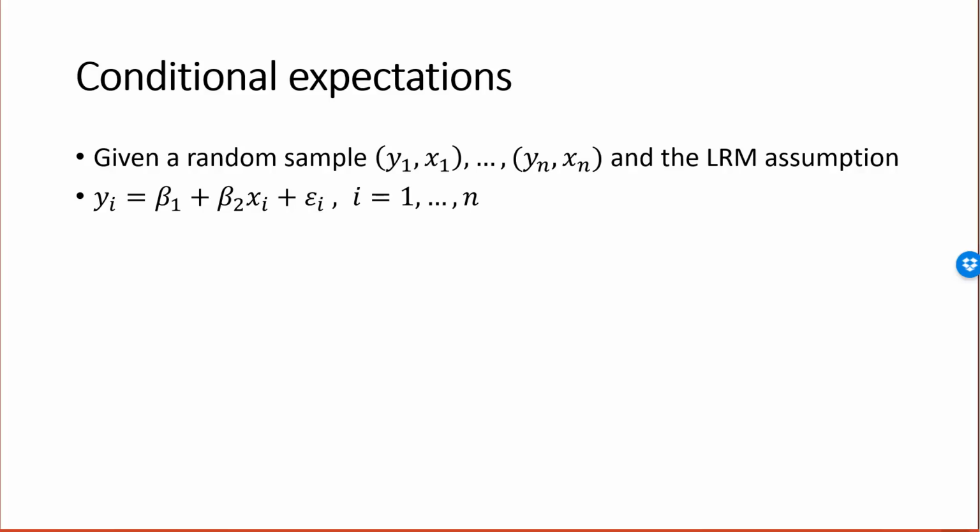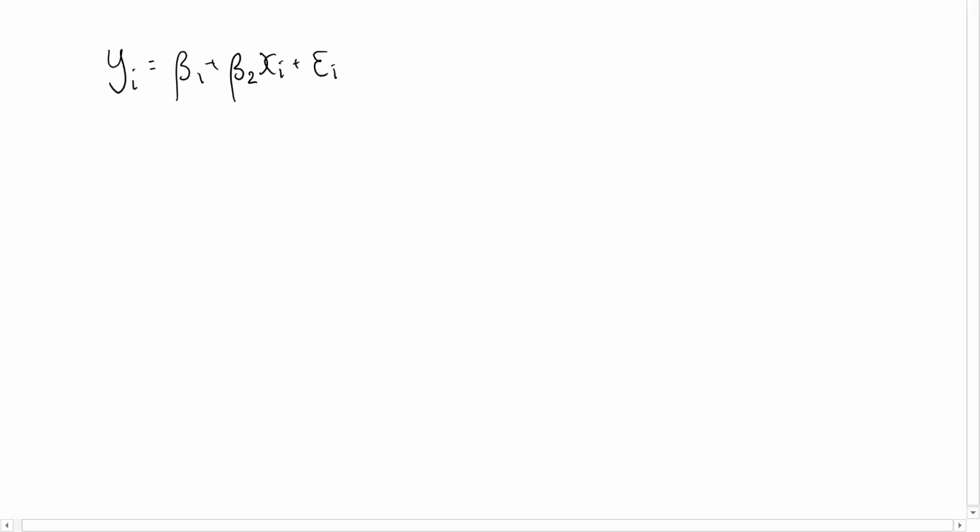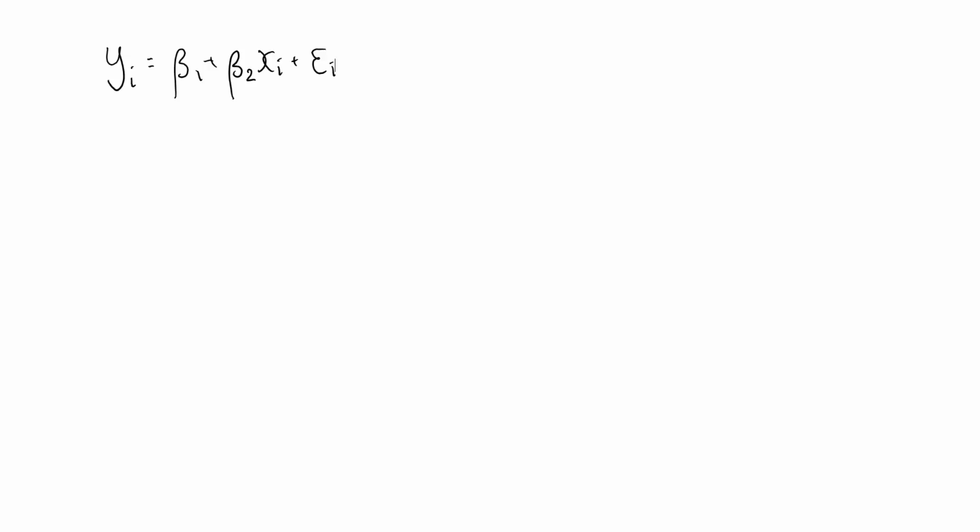And I have this random sample which I want to use to estimate beta 1 and beta 2. So I brought it over here. Let's consider the conditional expectation of yi given xi. So the expected value of yi conditionally on xi.